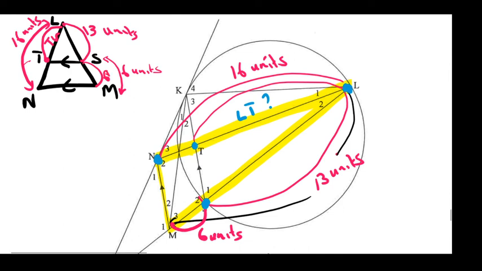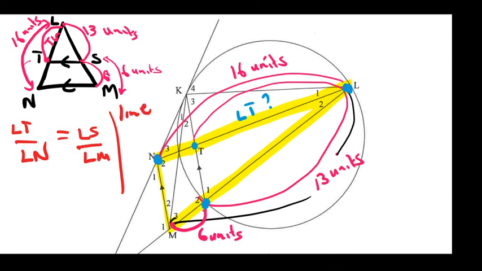So what I can do is this, just to present my proportionality, because I'm looking for LT, I'll say LT divided by LN is equal to LS divided by LM. Then you write your reason of proportionality and say line parallel to one side of a triangle. Remember that this is parallel to this, hence whatever I just did applies.